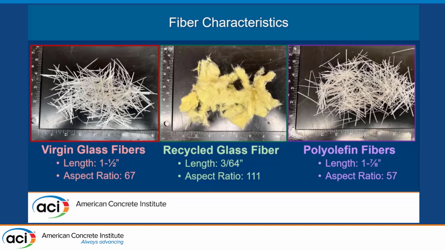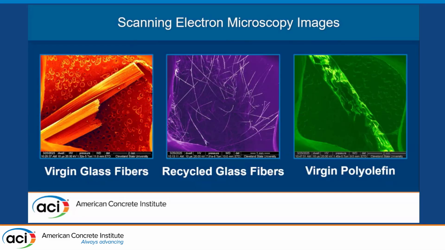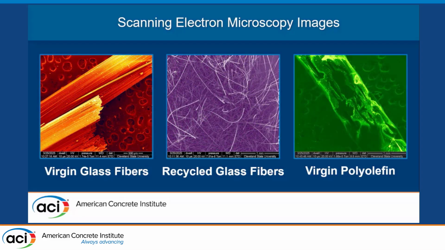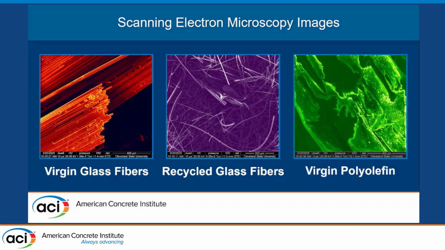And then when we look at the scanning electron microscope, these are all going to be on the same scale. Just looking at it, we can see the difference between micro and macro with the recycled glass fibers. When we zoom in, we see how straight and nice and organized, if you will, the virgin glass fibers are versus how random the matrix is with the recycled glass fibers.